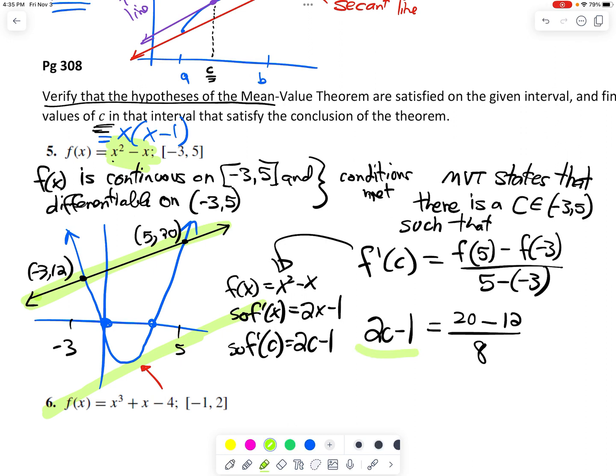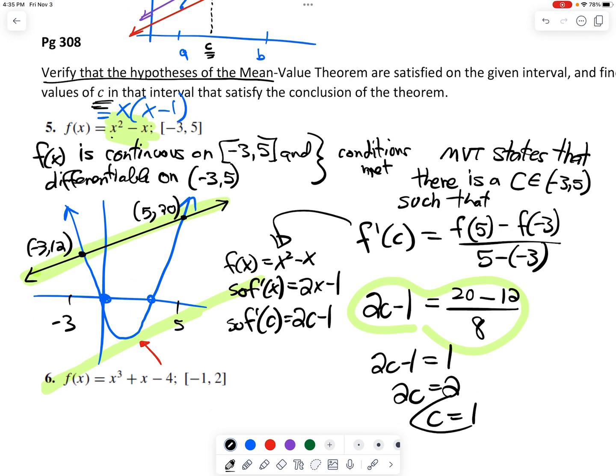And what we have here is just an equation to solve. Right side is 20 minus 12, that's 8 over 8, so 2c minus 1 is 8. Oh, no, I'm sorry, 20 minus 12 is 8, so 8 over 8 is 1. 2c minus 1 is 1. So 2c equals 2, c equals 1.